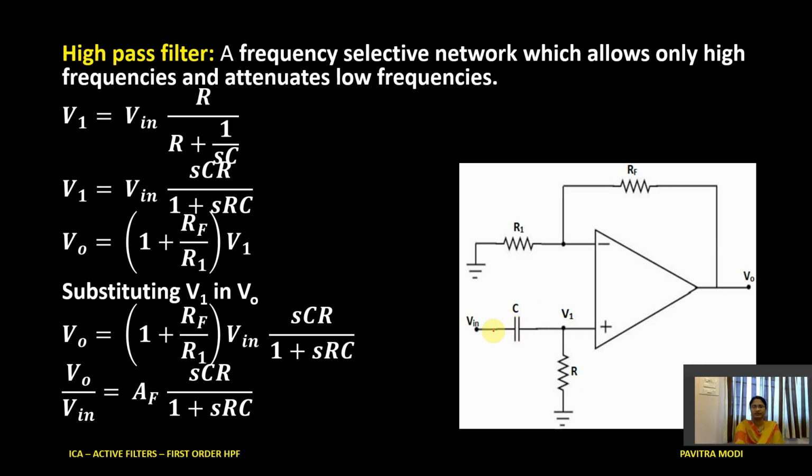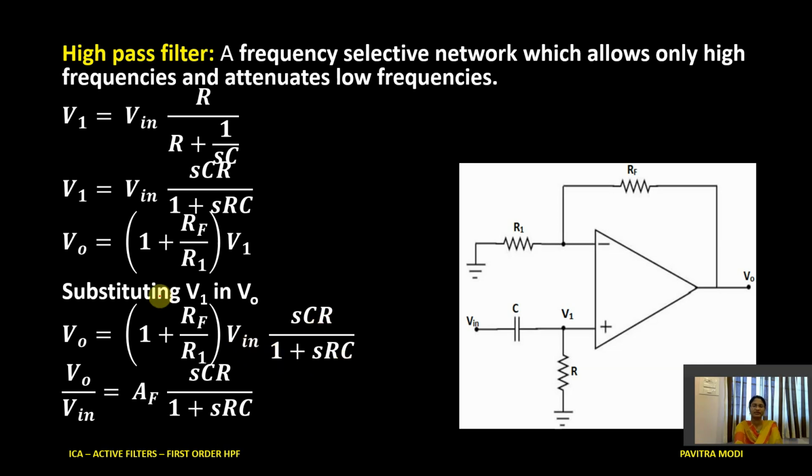Here V1 is Vin into R by R plus 1 by SC. If you simplify, V1 is Vin into SCR by 1 plus SCR. Therefore V0 is equal to 1 plus Rf by R1 into V1. Substituting V1 in this expression, V0 is equal to 1 plus Rf by R1 into Vin into SCR by 1 plus SCR.